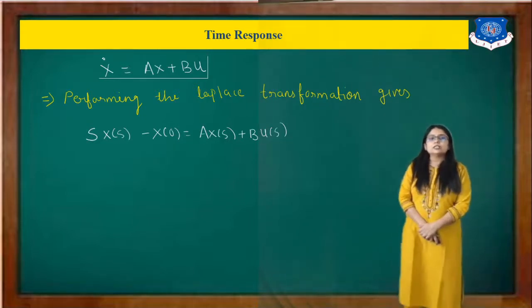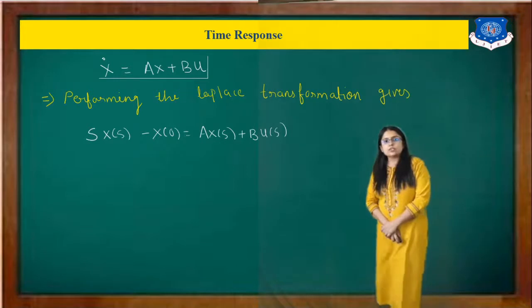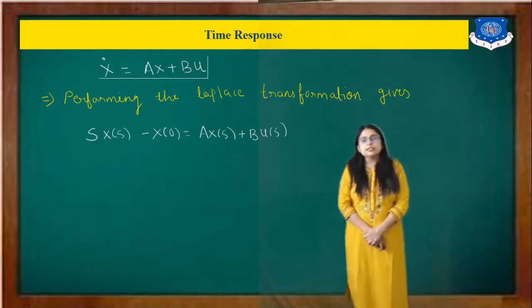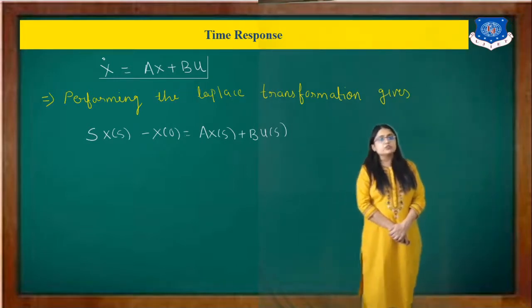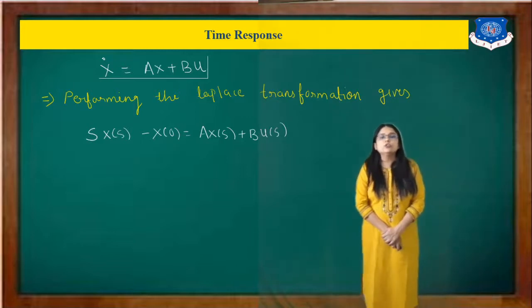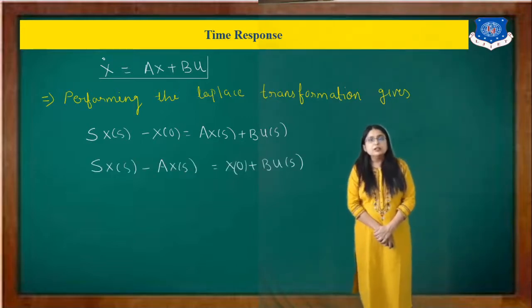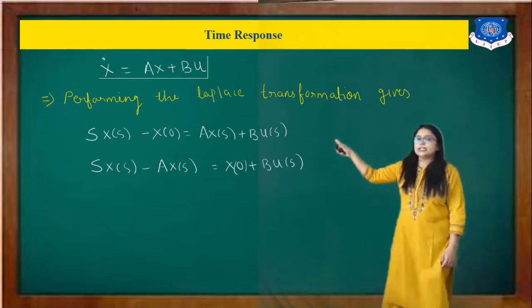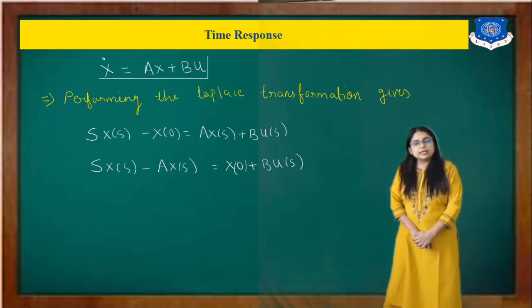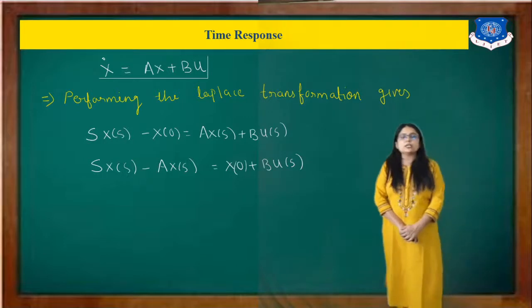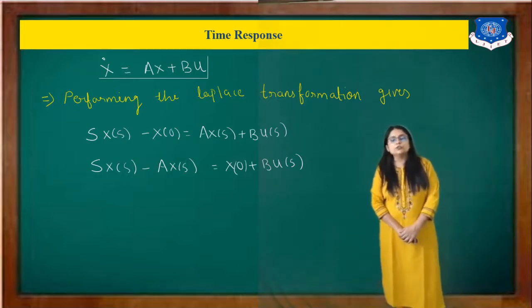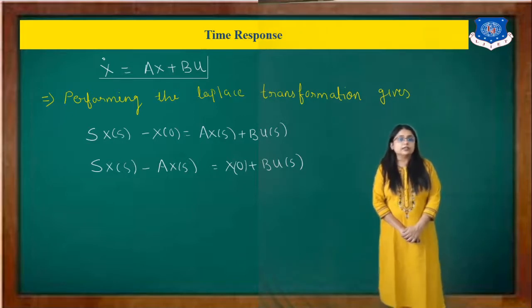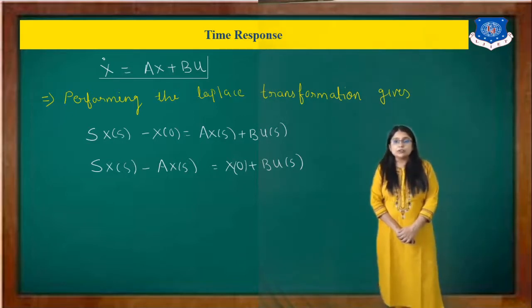So the Laplace of this becomes s X(s) minus x(0) equals A X(s) plus B U(s). Now this is s X(s) minus A X(s) equals x(0) plus B U(s). Here we cannot take x(0) equal to 0, because we are not finding the transfer function.